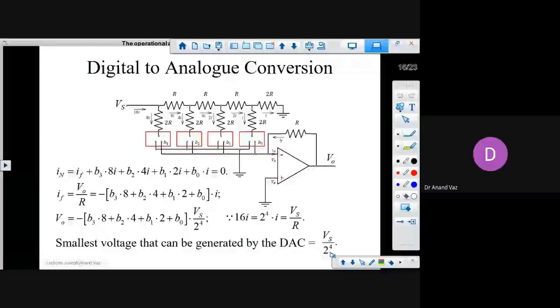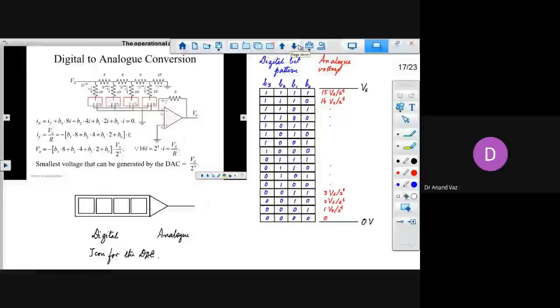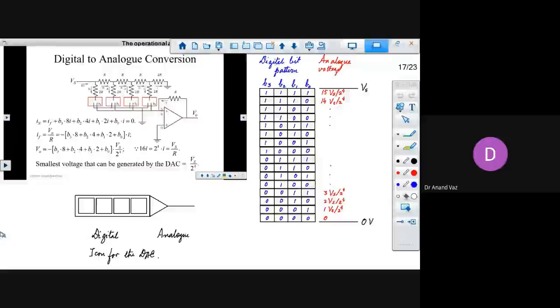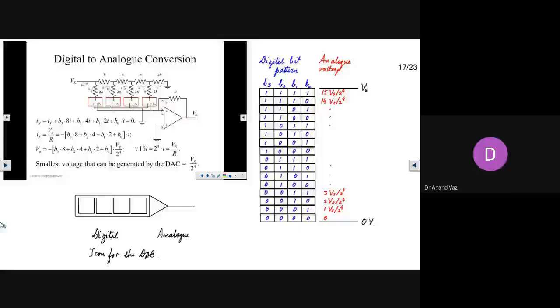So now let us just try to understand. Here I've just reduced the size of the previous slide and shown it over here.